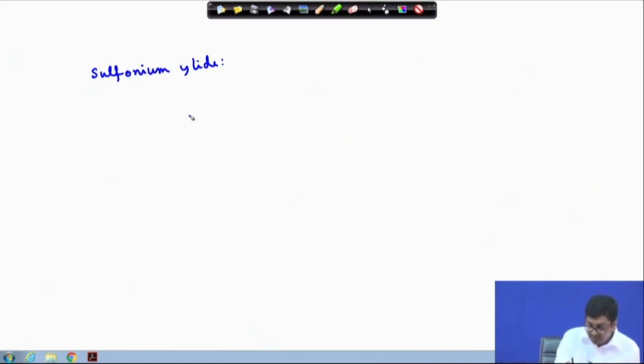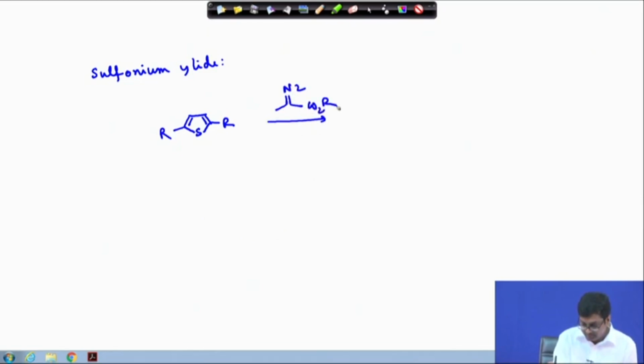As an example, we take this substituted thiophene in the presence of this diazoester and rhodium 2 acetate as the transition metal catalyst.